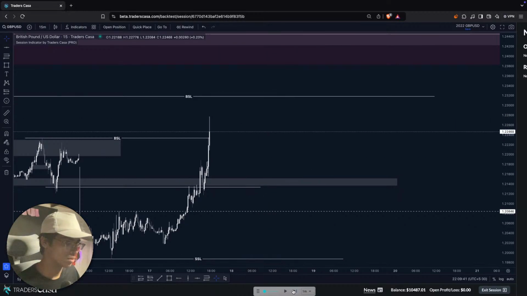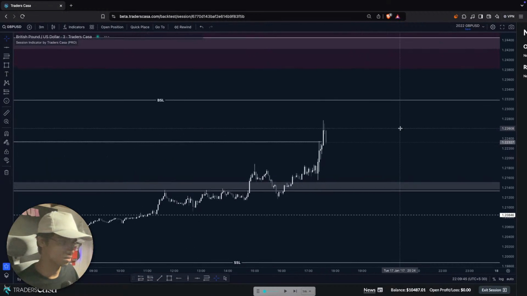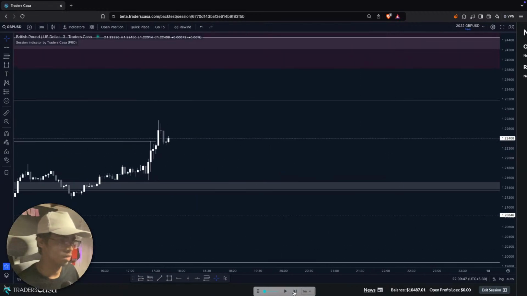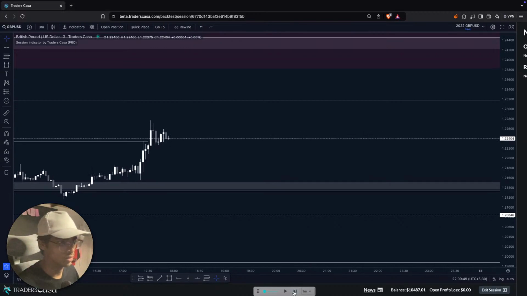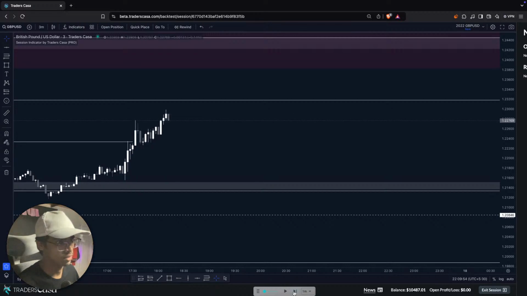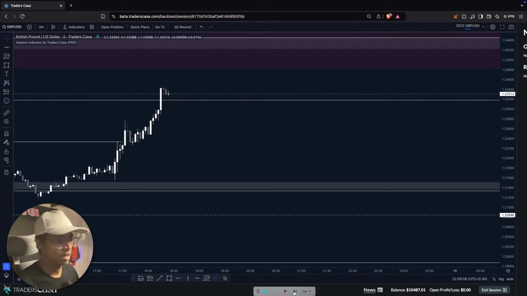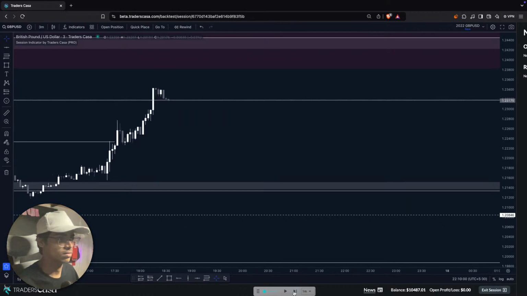Okay guys, let's move forward. I think it's taking great rejection. Show me if it's going to take the higher liquidity. Great chance it will take the higher liquidity as well, or otherwise it is going to engineer it. Okay, got taken, yes. Now I can look for short entries.